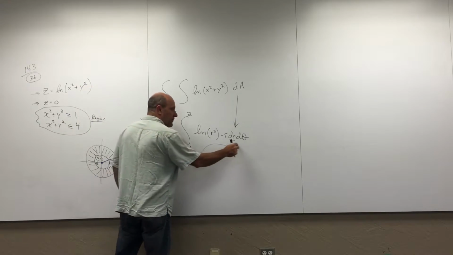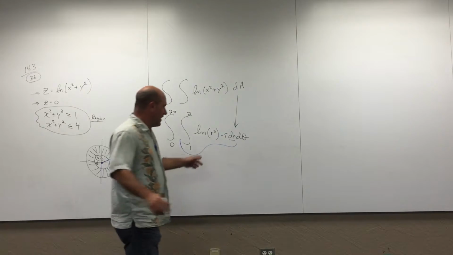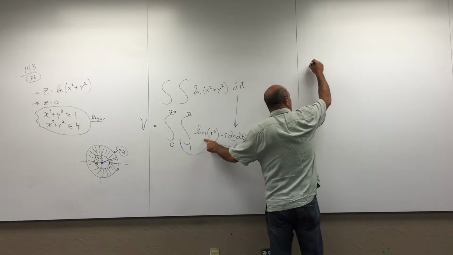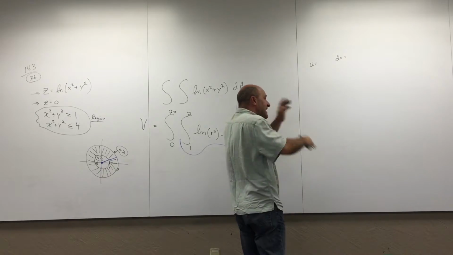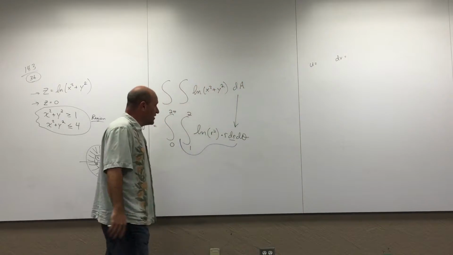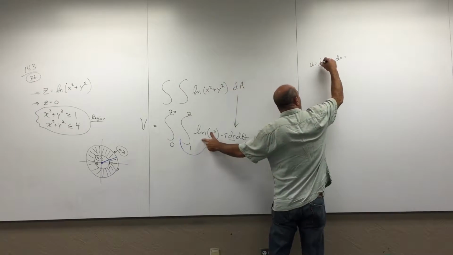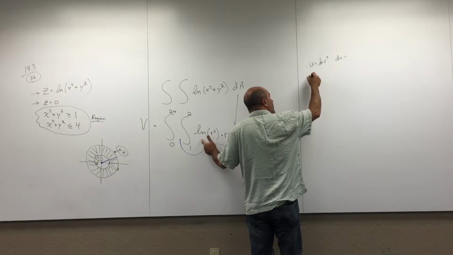So I'm working on this inner integral, and I'm going to try integration by parts. What am I going to do? I'm going to call u something, and I'm going to call dv something. And it's kind of counterintuitive. I'm going to let u be the log of r squared. If you let u be the log of r squared, then you need du.